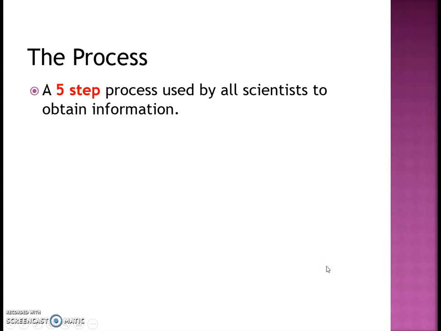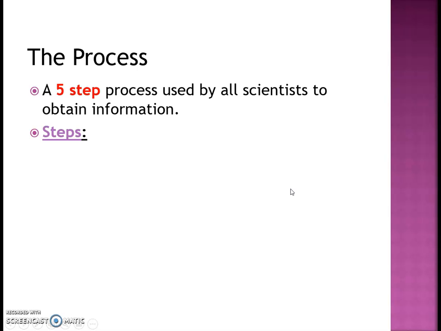So the process, of course, of the scientific method is a logical step-by-step process that all scientists are going to be using to obtain information. One of the labs that you'll be able to do on your own will illustrate, of course, the scientific method.